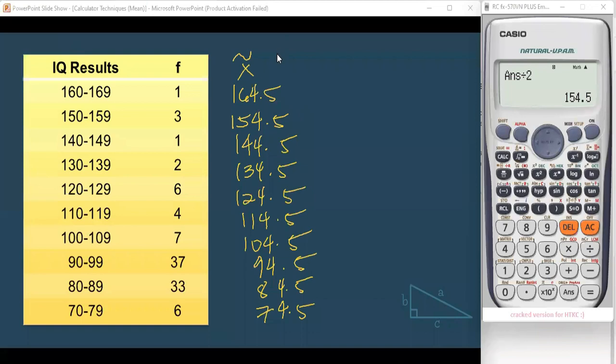So since meron na po tayong class mark, ang gagawin lang po natin ngayon is let our class mark be the X. F po natin will be our frequency still. So since may frequency pa tayo, ang nakadagdag lang sa process is yung pagkuha ng class mark. So anong gagawin natin?